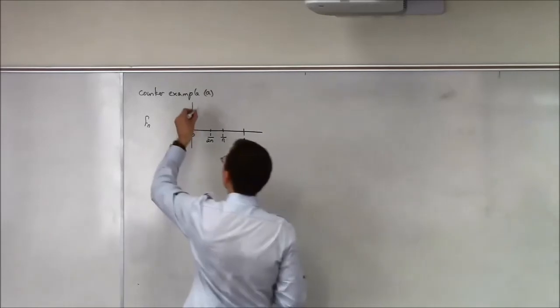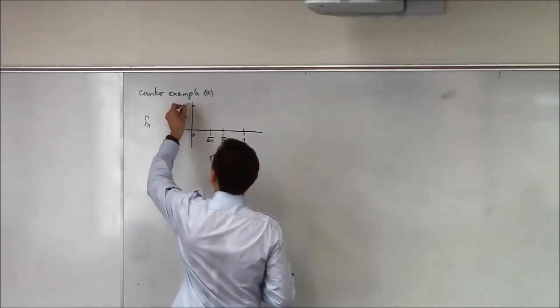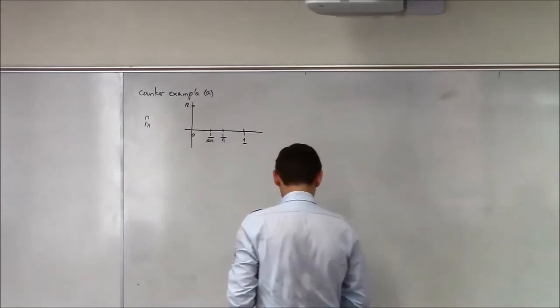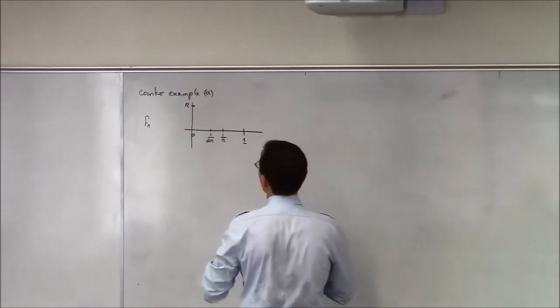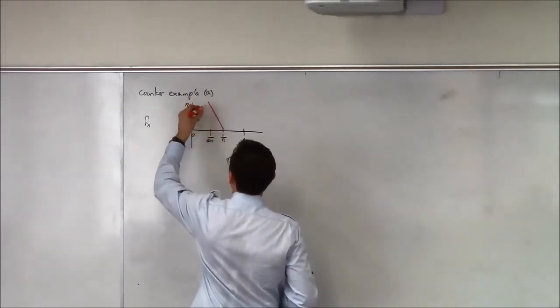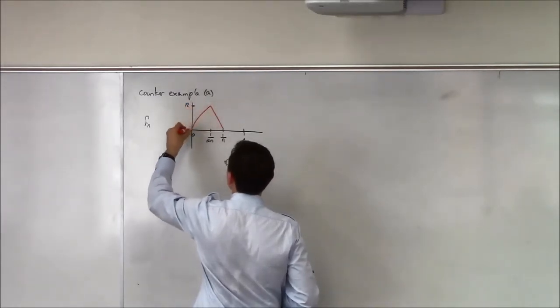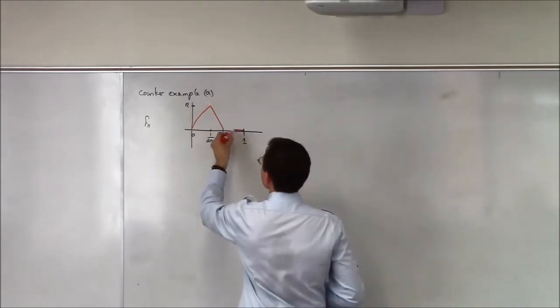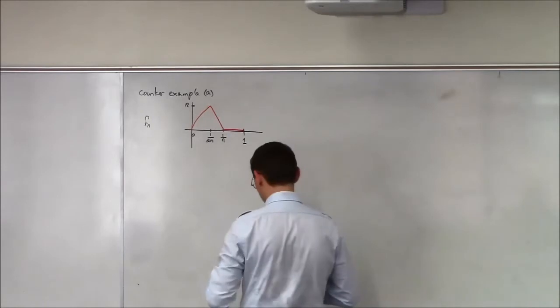Not drawn really to scale, but here is elevation n. Fn is going to be this function that you remember from pointwise convergence.